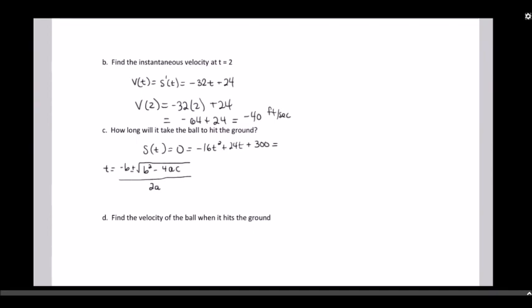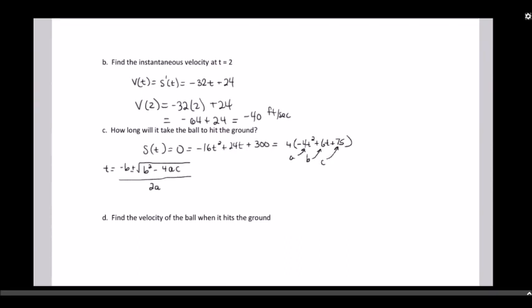So if I factor out a 4, then it becomes negative 4t squared plus 6t plus 75. So now at least the coefficients have gotten a little smaller. This would be a, this would be b, and remember that would be c.